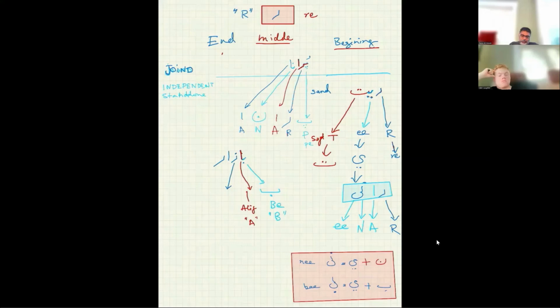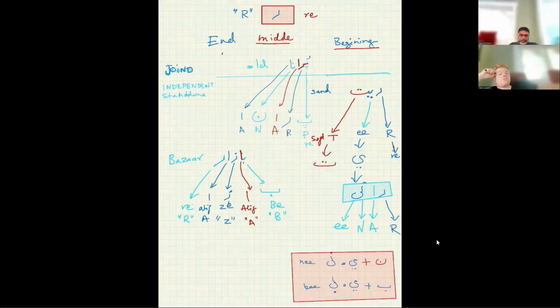So this is Z, standalone. We call it in Urdu Ze, and it is the Z sound, the English letter Z. We have another Alif, A, and then our letter of the day, Re, as in English R. Bazaar is the same word as the English, and Purana means old.